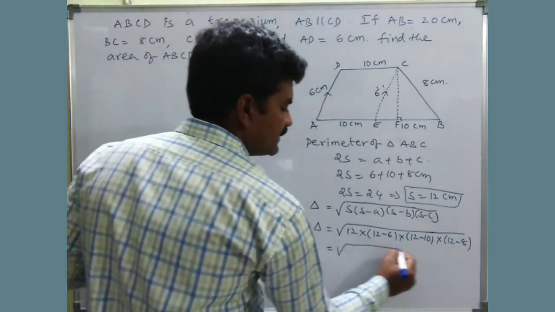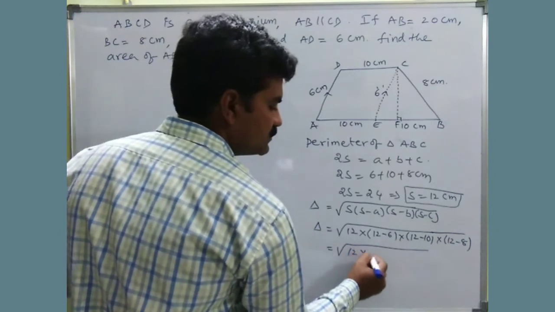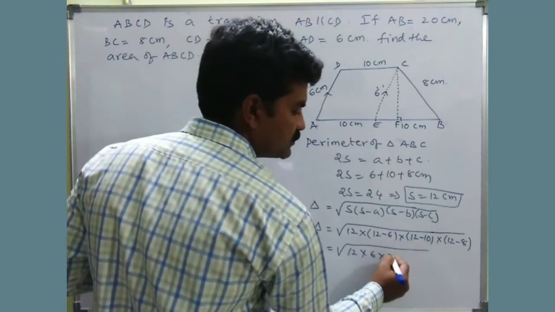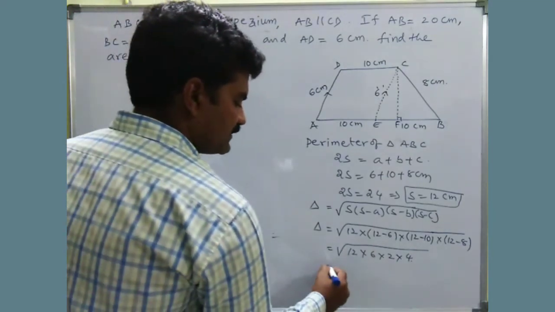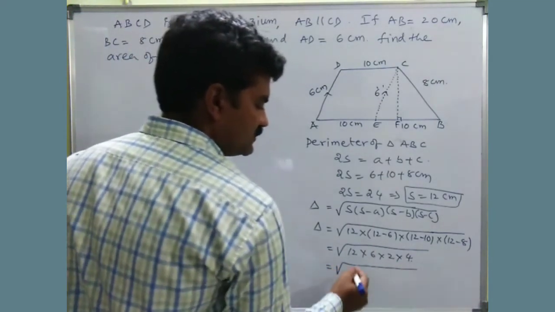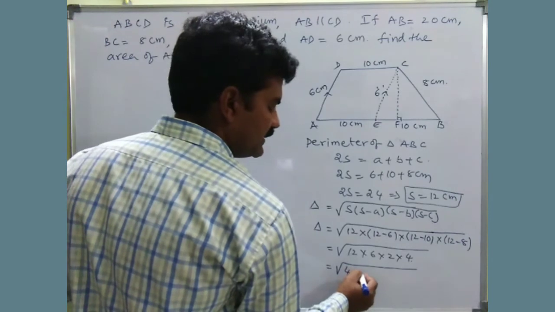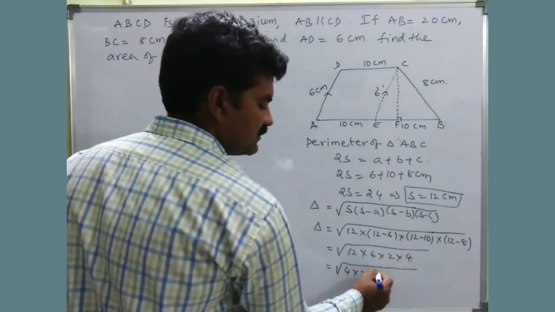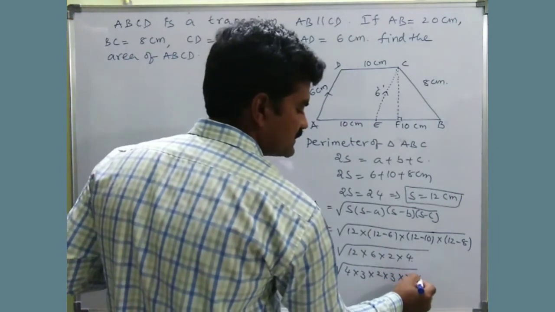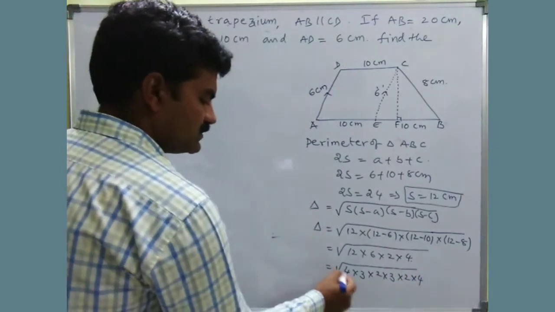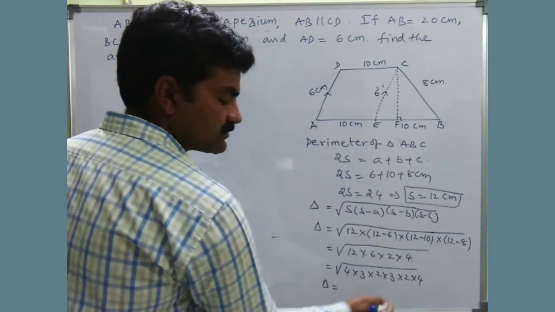So how can we write it now? This is 12 into 6 into 2 into 4. Now I can write 12 as 4 into 3, whereas 6 as 2 into 3, and the rest is 2 into 4. So it is very easy to find its square root.